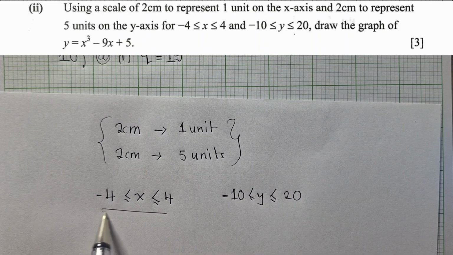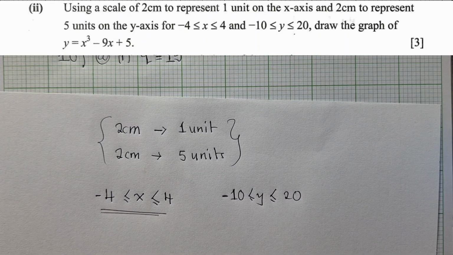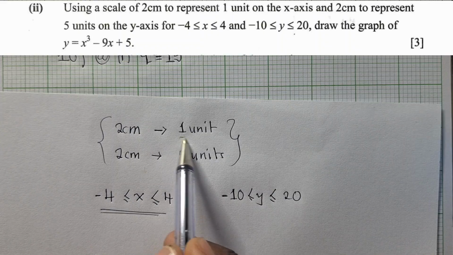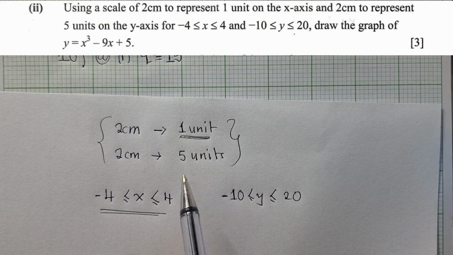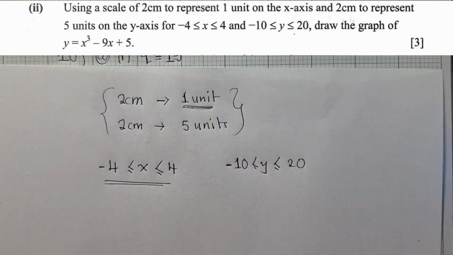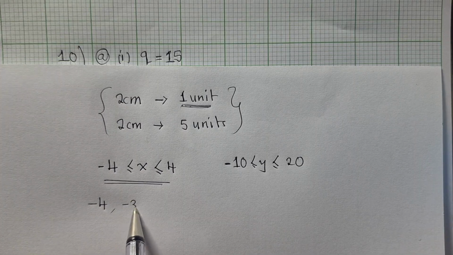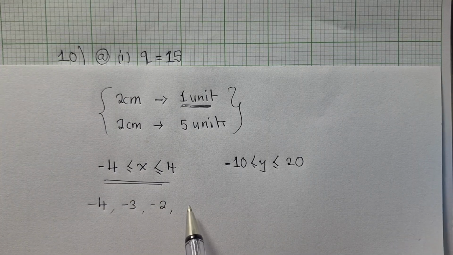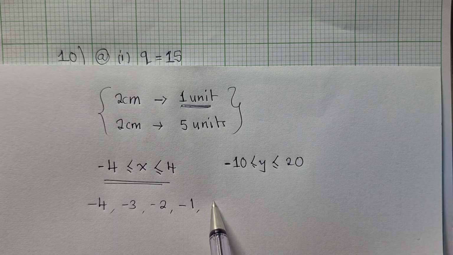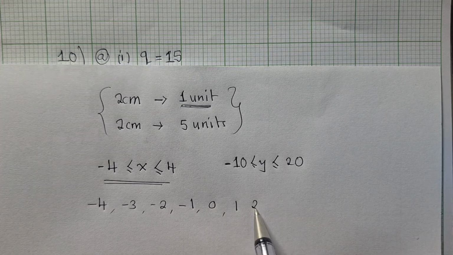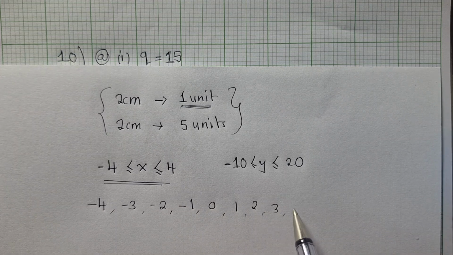This scale is important, meaning on our x-axis it's 1 unit, so you'll be moving in ones. From negative 4, you go to negative 3, negative 2, negative 1, 0, 1, 2, 3, and 4.